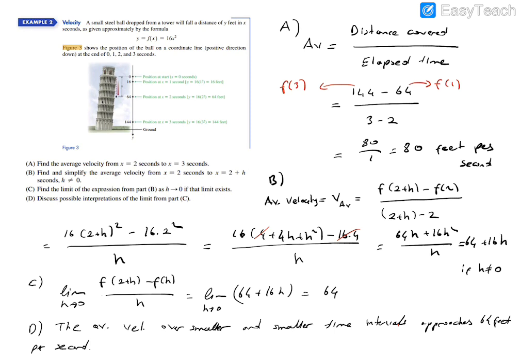This limit can be interpreted as the velocity of the ball at the instant that the ball has been falling for exactly 2 seconds.